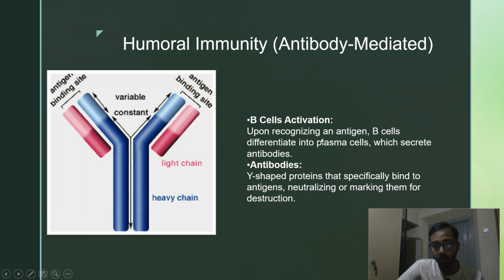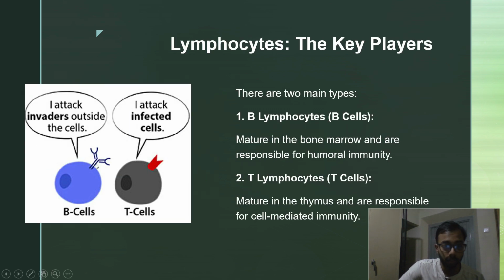Upon recognizing an antigen, B cells differentiate into a mature form of cell known as a plasma cell. Actually it is the plasma cell that secretes antibodies. These B cell receptors are bound to the B cell's plasma membrane.